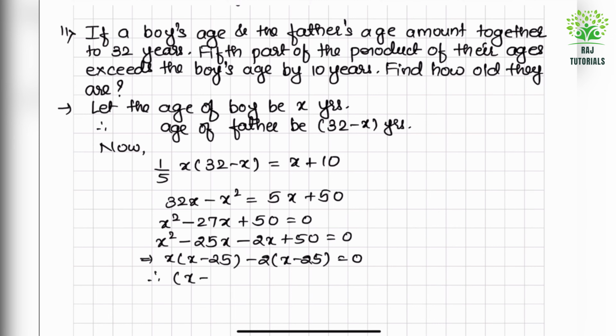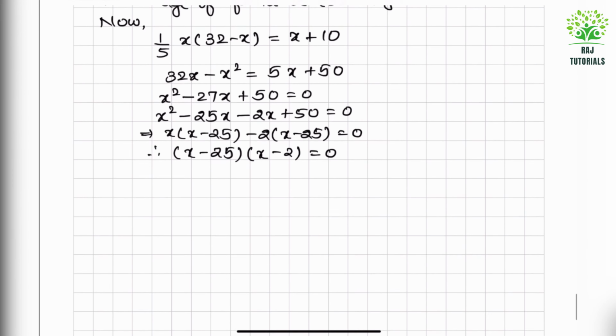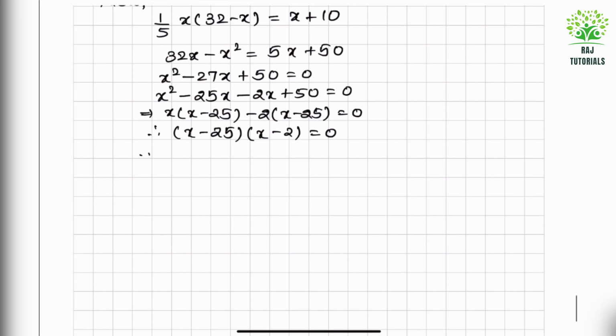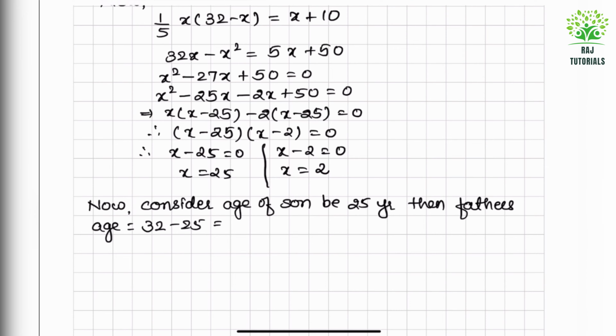Therefore, x minus 25 and x minus 2 are the factors. So, either x minus 25 equals 0 or x minus 2 equals 0. So, x equals 25 and x equals 2.